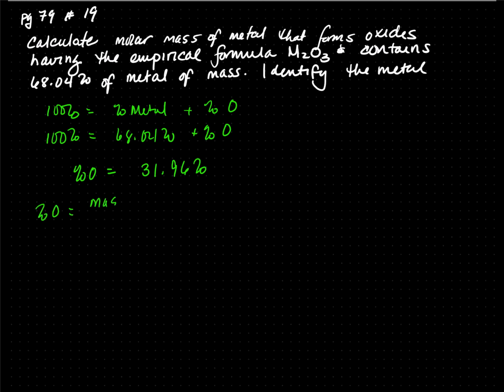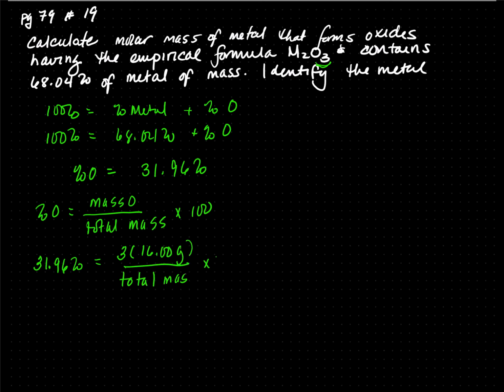So we can find the mass of oxygen in this compound because the percent of oxygen is equal to the mass of oxygen divided by the total mass, times 100. So percent of oxygen is 31.96%. There are 3 oxygens, so it's going to be 3 times 16.00 grams divided by the total mass times 100. So we're going to rearrange this to find the total mass.